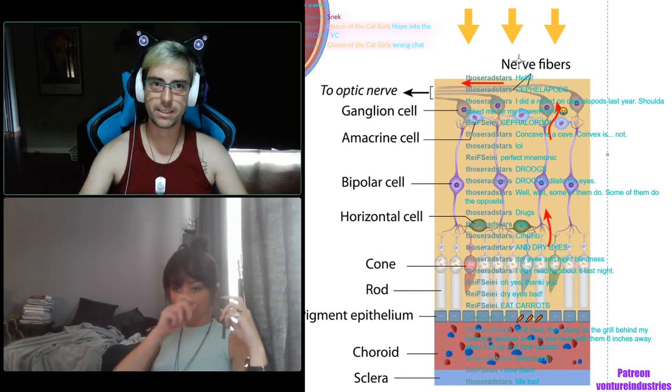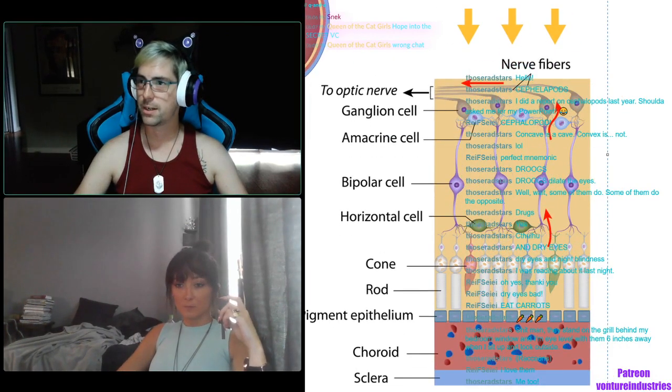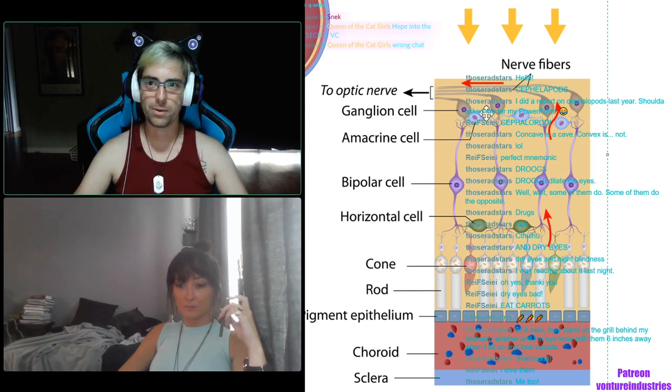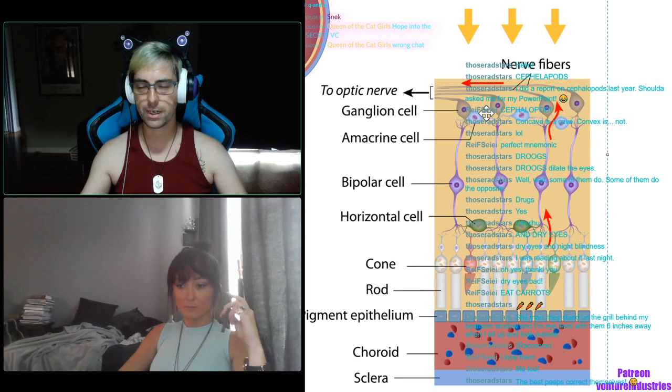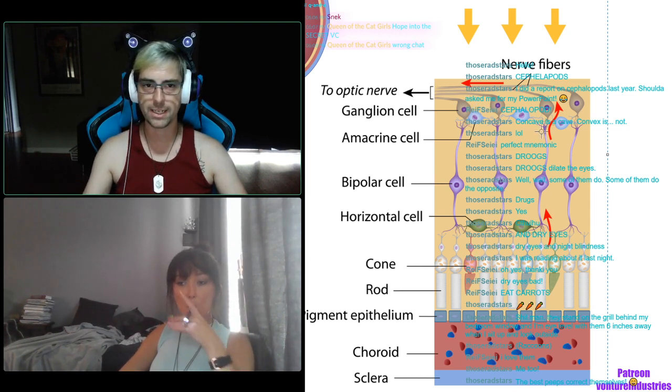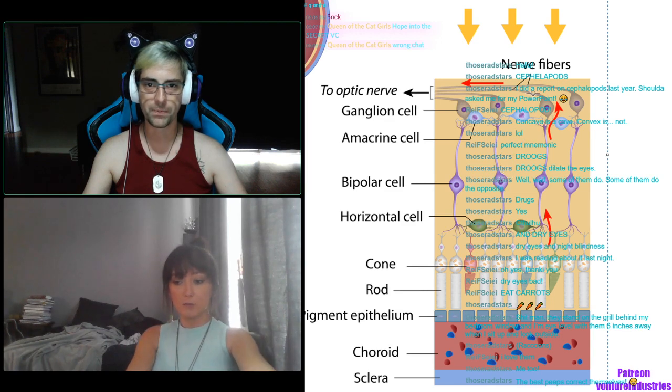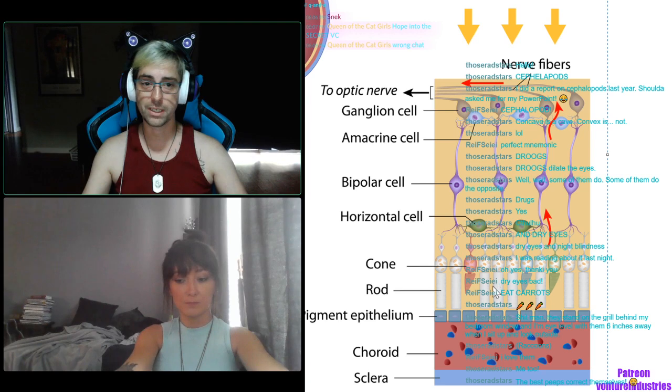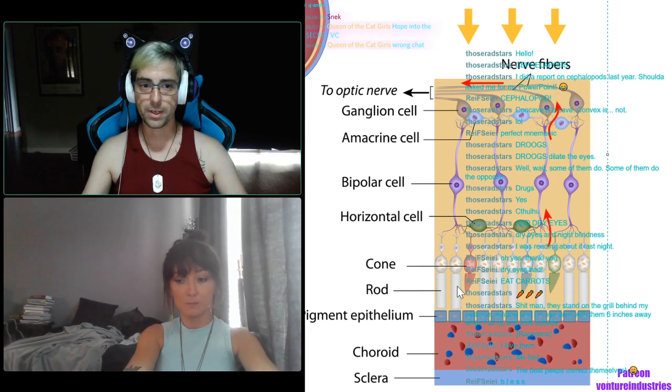So that's your light, these little yellow arrows. That's our light, and it's coming in hot. But it's got to pass through our nerve fibers, which, in fairness, cells are kind of clear to begin with, which is why we have to do stains and stuff in microbio. So by and large, it just passes through mostly unhindered, and it comes down and hits these bad boys.